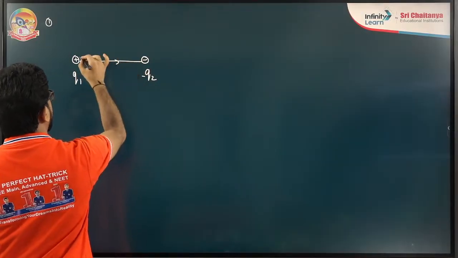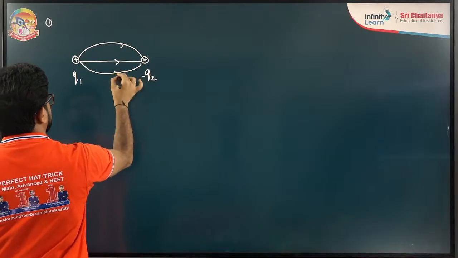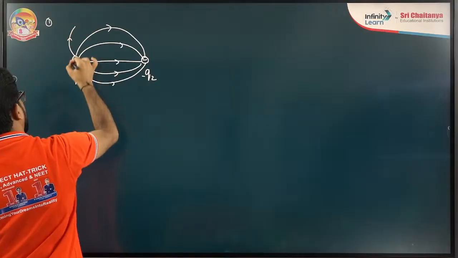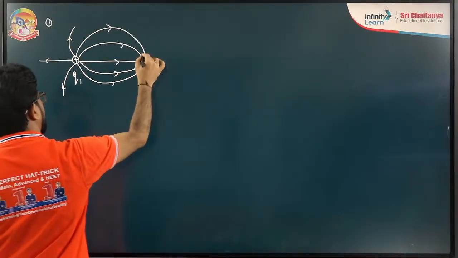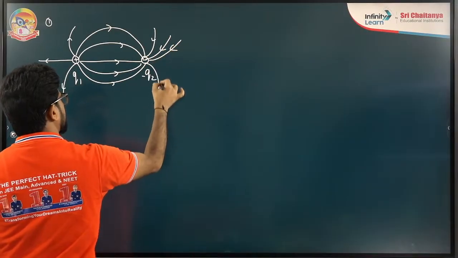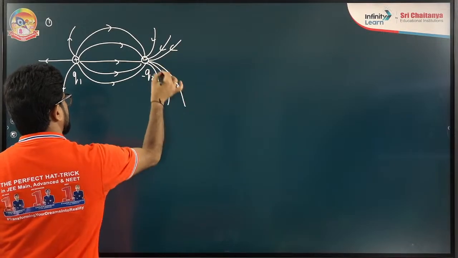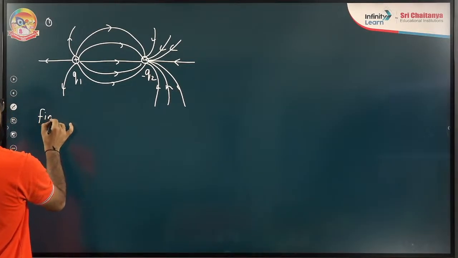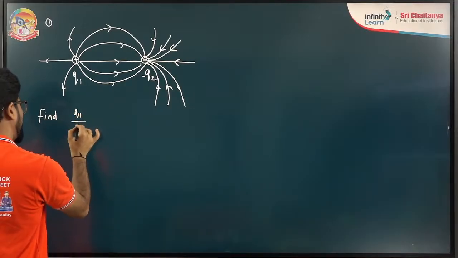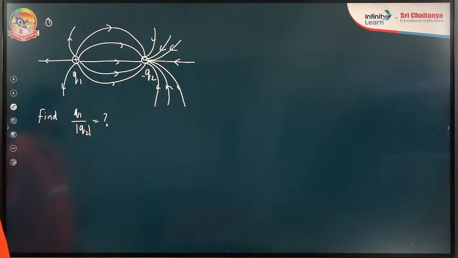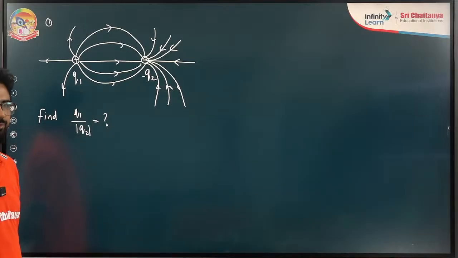This is a diagram in the paper, and they are asking to find the ratio, Q1 by mod of Q2. This is the question. Find the ratio of this.